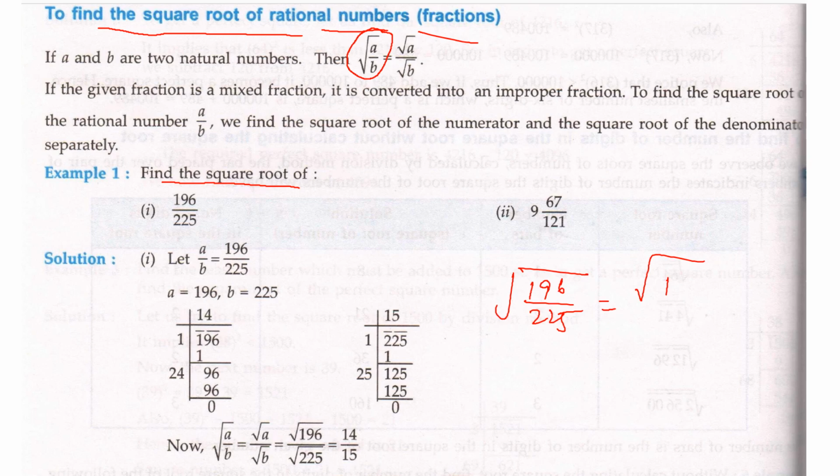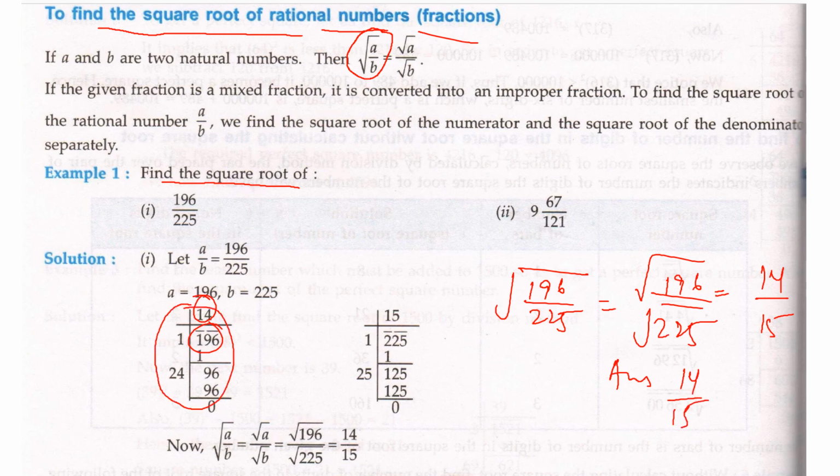It means root over 196 by root over 225. Now root over 196 is equal to 14 and root over 225 is 15. So the answer is 14 by 15. Okay, and these things you have to show, because you know how to find them. Now you can immediately write. Clear?